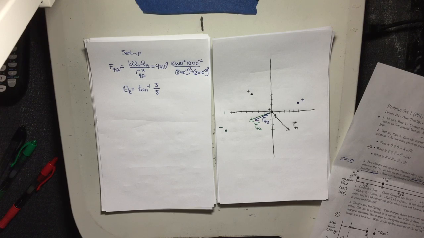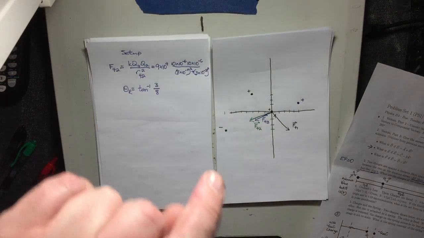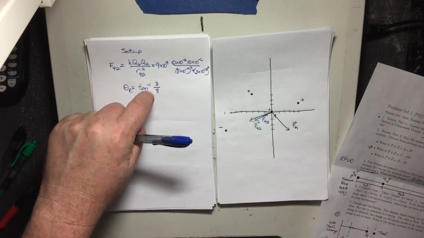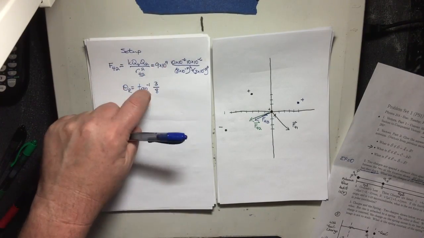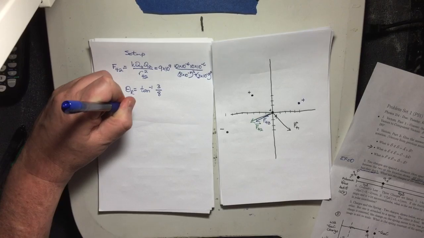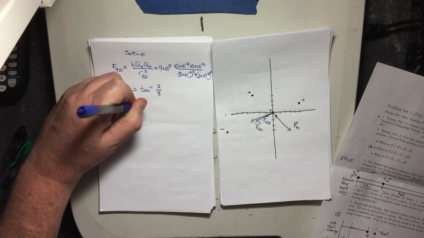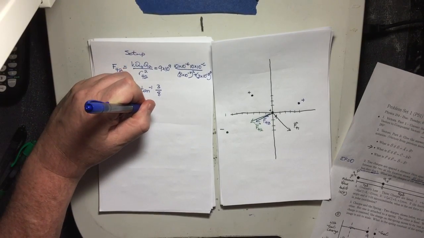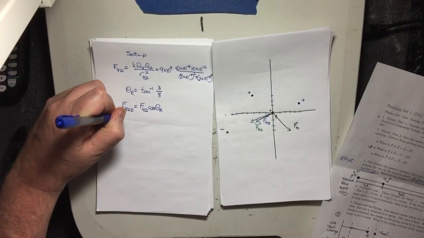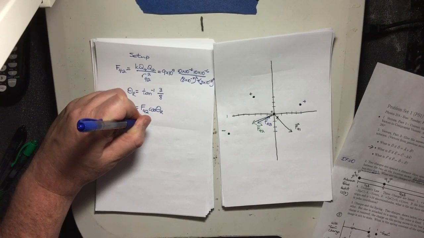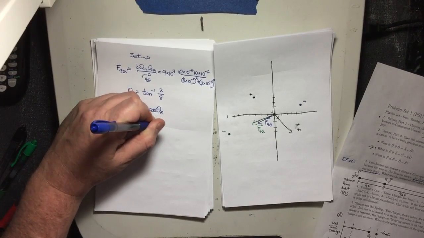And so now what you have here is a vector with a force and a reference angle. That means that the force F42 in the x is F42 cosine theta r, and the force F42 in the y is F42 sine reference angle.